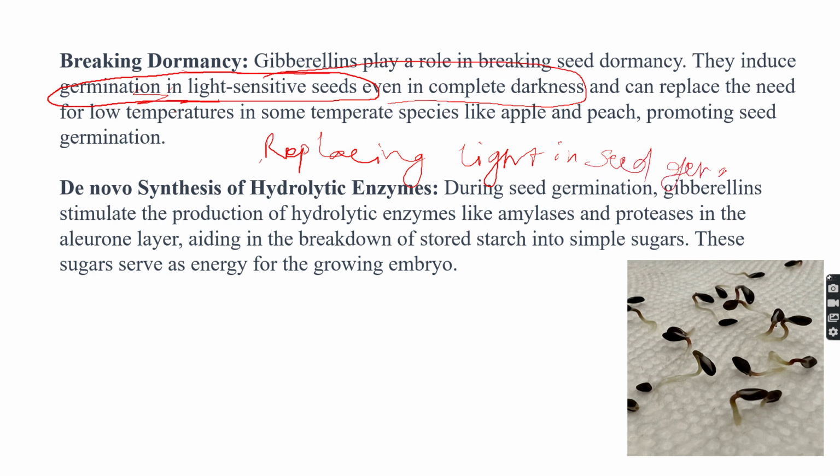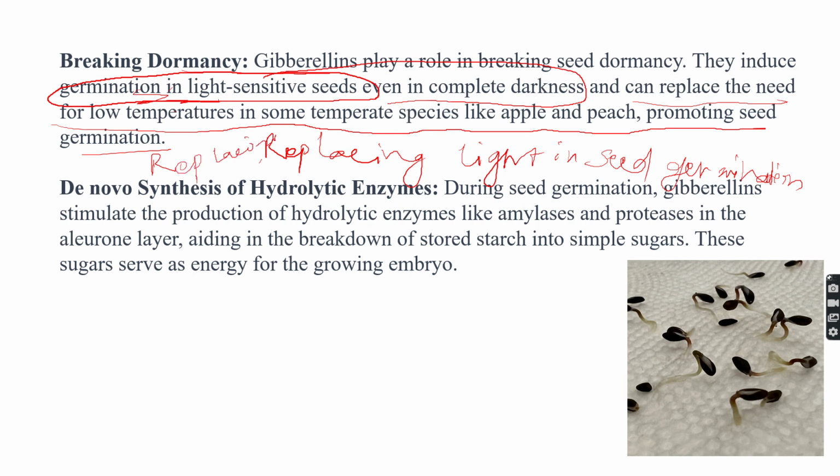This is a very important question from the exam point of view. It can also replace the need for low temperature in some temperate species like apple and peach, promoting seed germination. So it is somehow replacing the low temperature requirement as well.